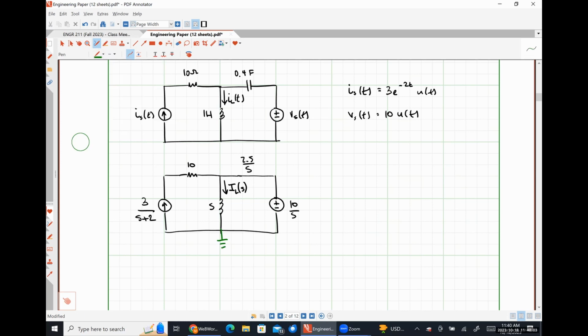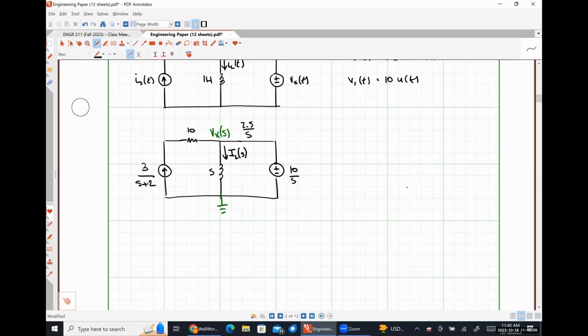I'm going to choose this node to be my ground, and I'm just going to call this voltage Vx of S. And so we would have Vx of S minus 3 over S plus 2 divided by 10, plus Vx over S divided by S, plus Vx of S minus 10 over S divided by 2.5 over S is equal to 0. Yep.